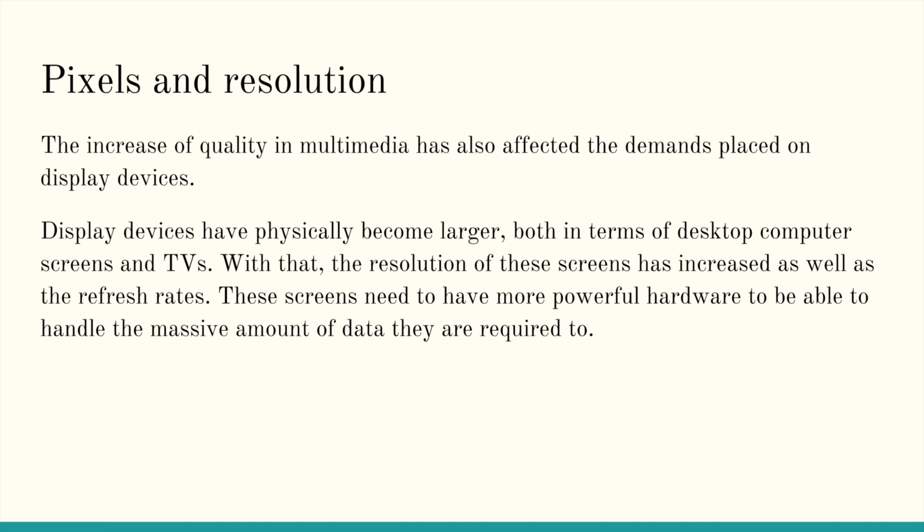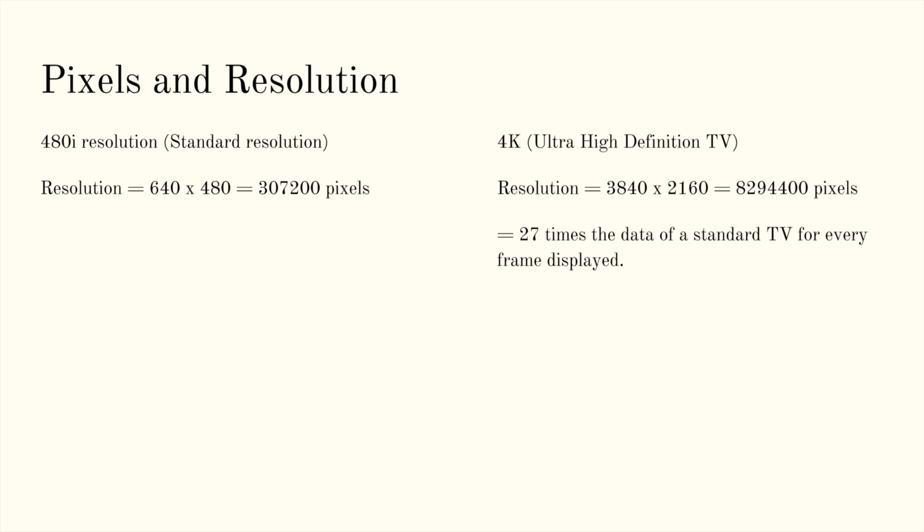And these screens need to have much more powerful hardware than they used to be able to handle the massive amount of data they are required to. So an example here, we've got 480i resolution, which is your original standard resolution for a TV. 480i is 640 by 480 pixels, which is 307,200 pixels for each frame displayed on that TV.